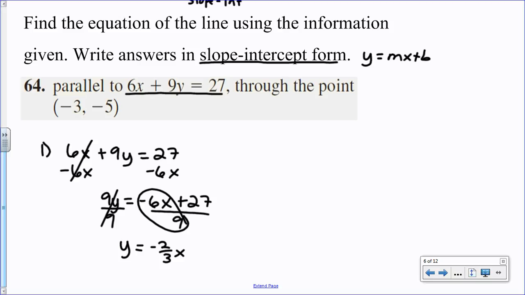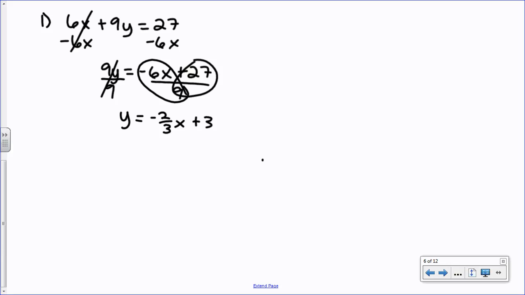Remember I said the y-intercept of the given line doesn't matter, so I don't care what that is. Just as practice, it's 3. But all I really care about is the slope. So the slope of my given line, which we called m1, is negative 2/3. All that work was just to find the slope of the given line.